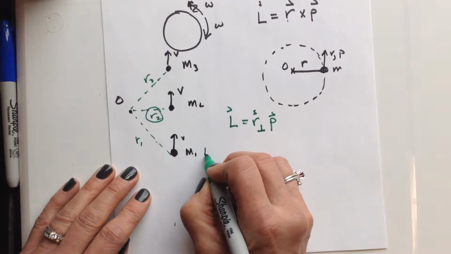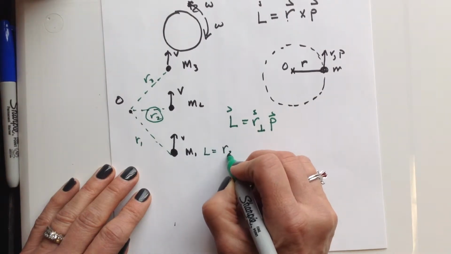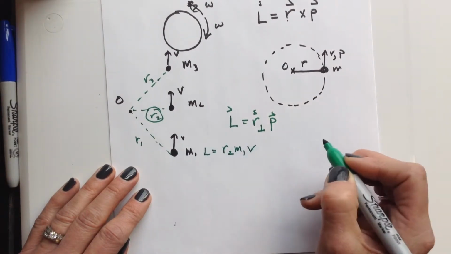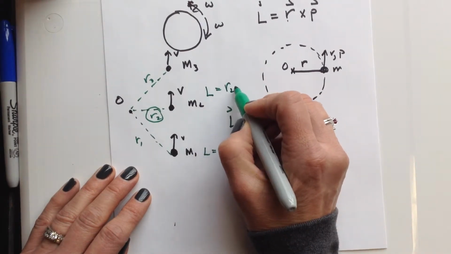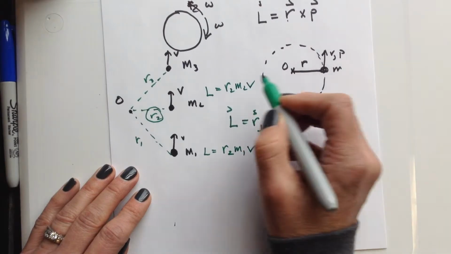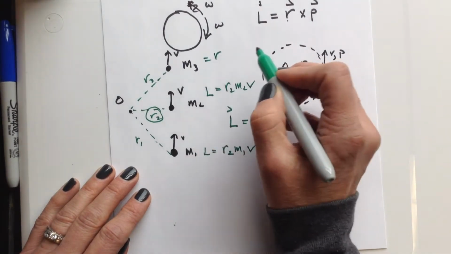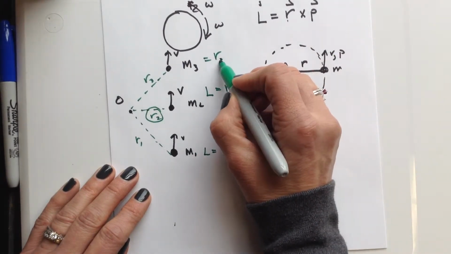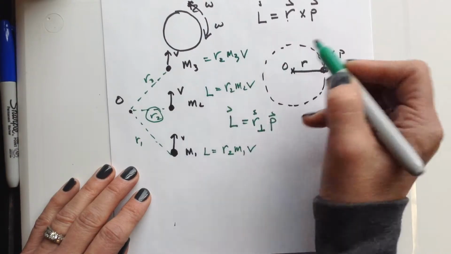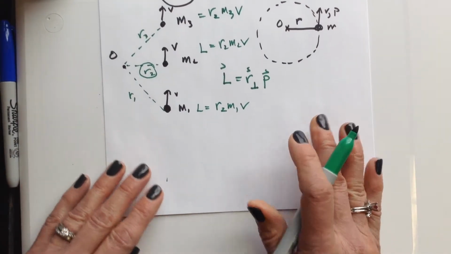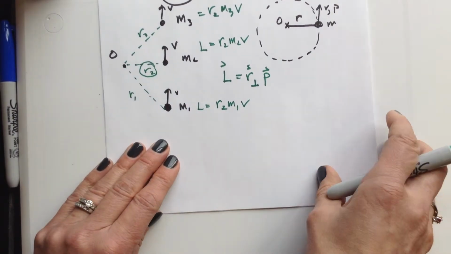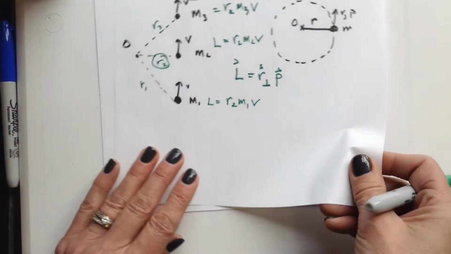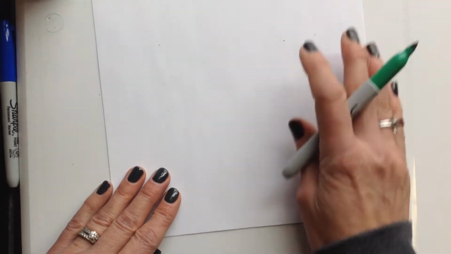So the angular momentum of this object would be R2 times M1 times its velocity, this one would be R2 times M2 times its velocity, and this one would be R2 times M3 times its velocity. So you could calculate the angular momentum of a particle moving in a straight line relative to the origin.